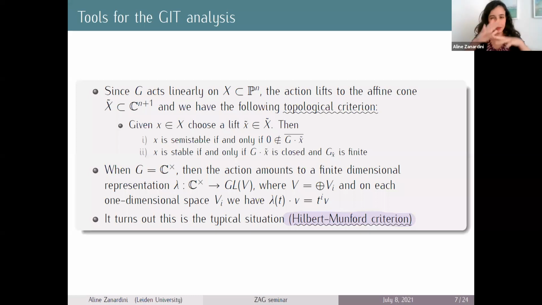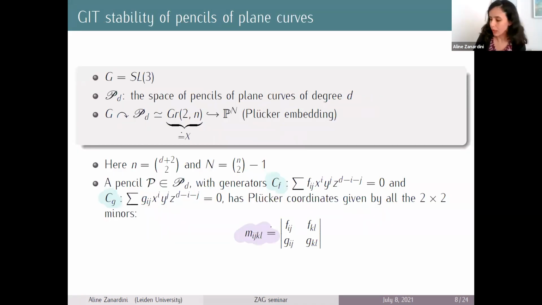So this is, let's say, the general GIT setup. I have been talking about an arbitrary X and G, and now I want to apply this to our problem. Okay, so the first observation is the following. I'm going to consider G to be SL3.